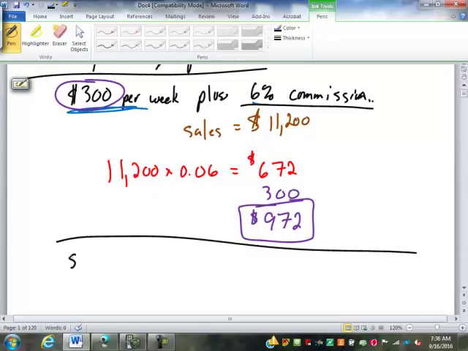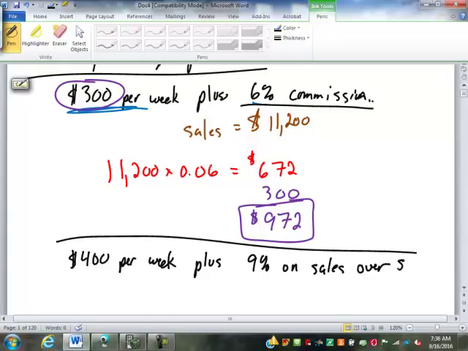Let's say they're going to give you $400 per week plus 9% on sales over $4,000.